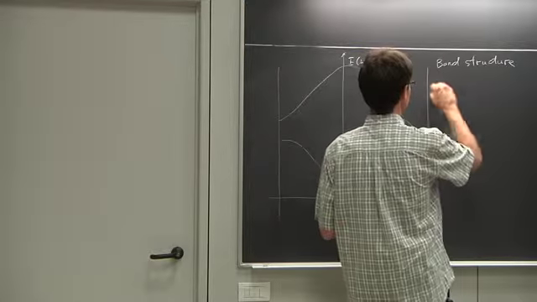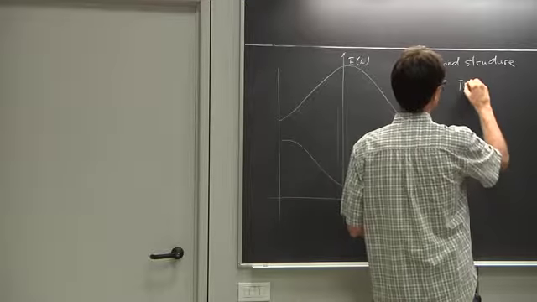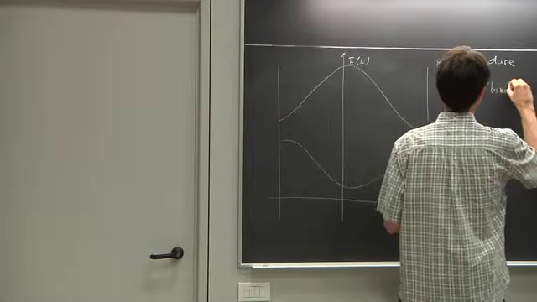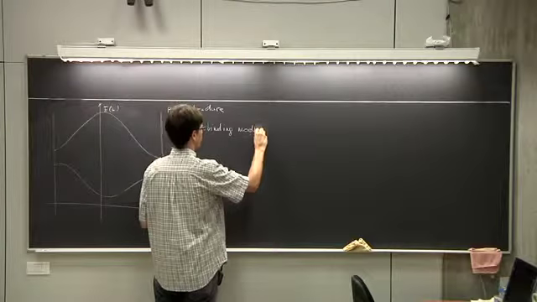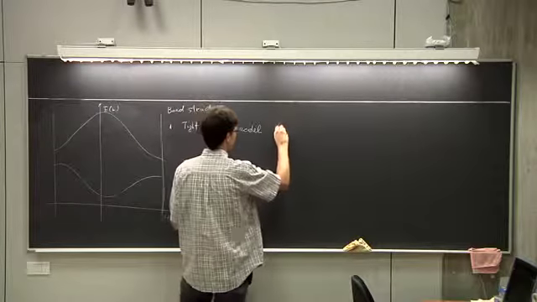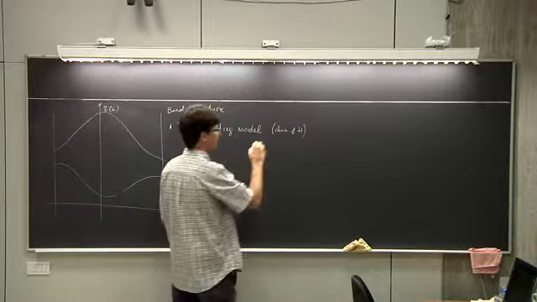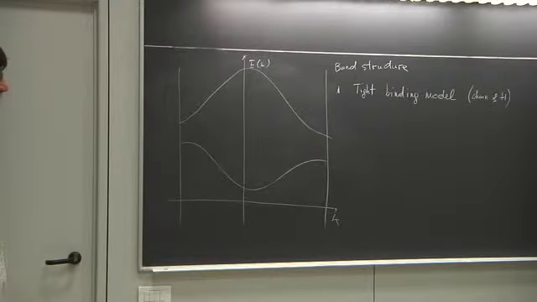So the first model was the hydrogen chain. Actually, this model is typically given a well-defined name. It's called the tight binding model. Let me just write a chain of hydrogens. We just solved it for a particular case, but I just want to give you some nomenclature, some naming.